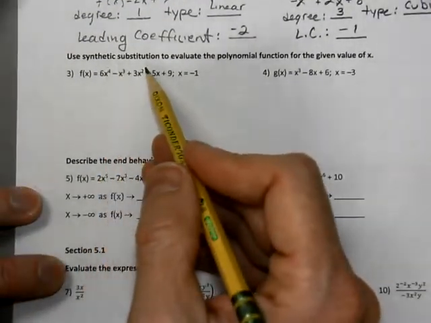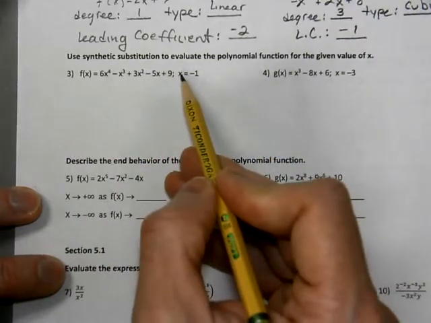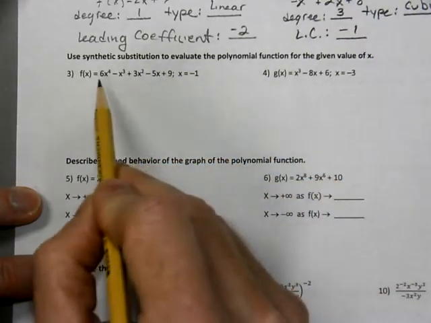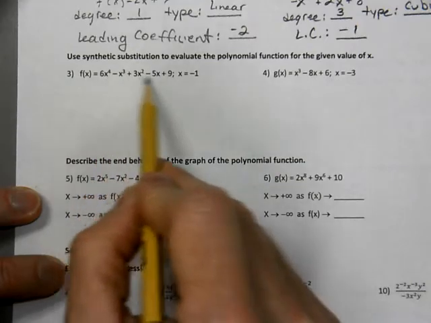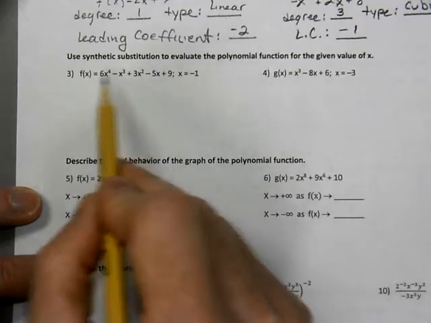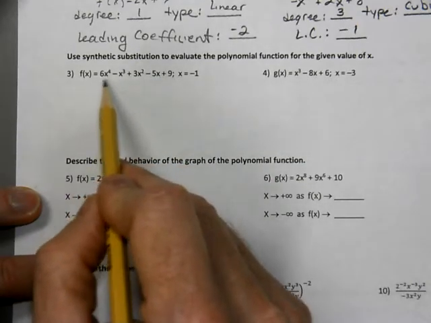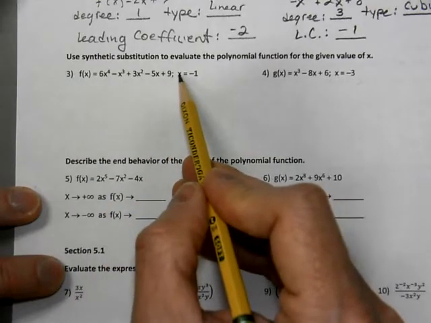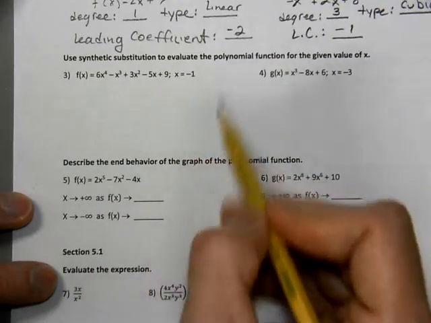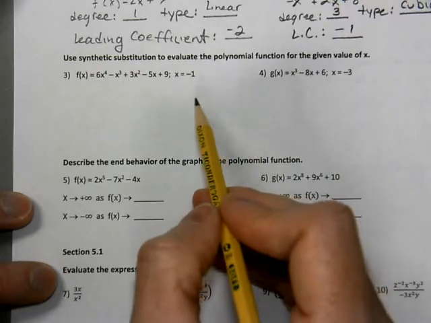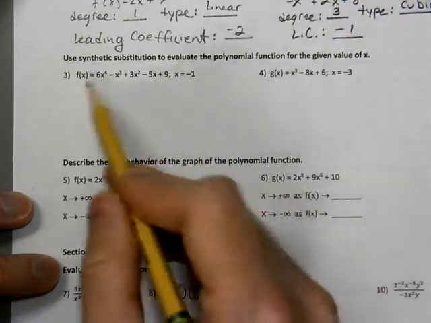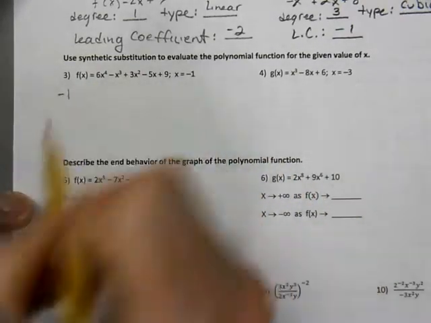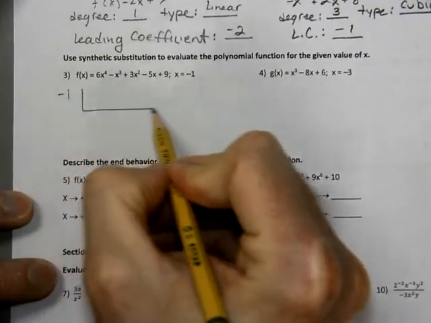We're going to use synthetic substitution to evaluate what is happening with this quartic polynomial, because it's to the 4th power, we call that quartic, when x is negative 1. So on a graph, what's happening when x is negative 1? Where's the y value? Well, we take our x is negative 1.